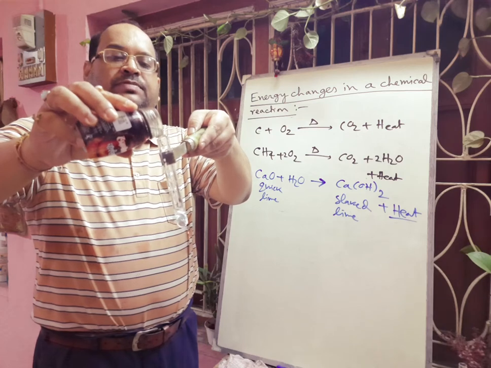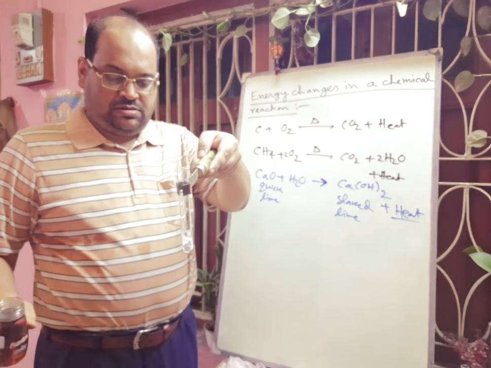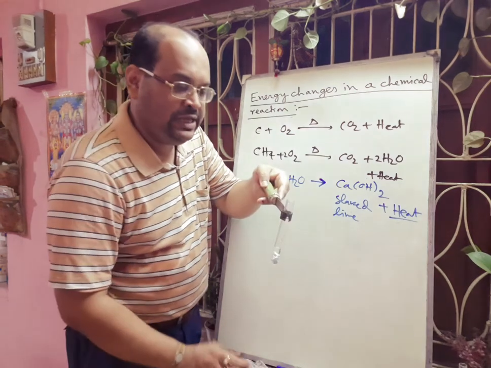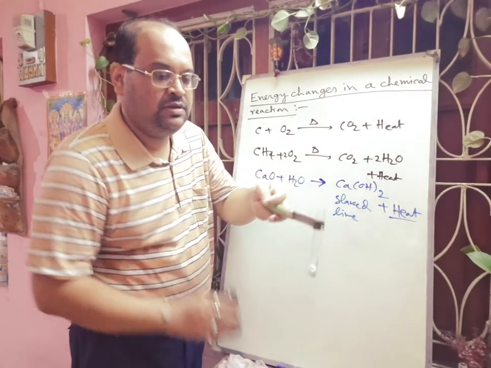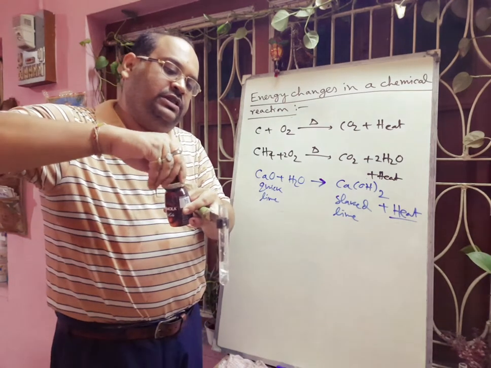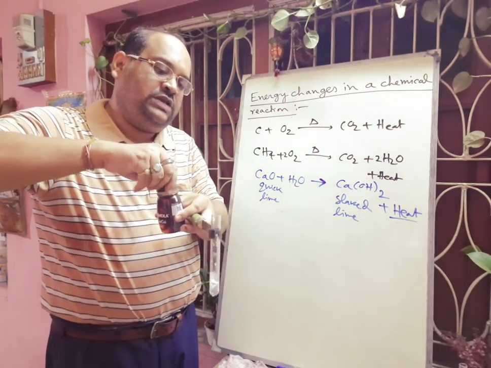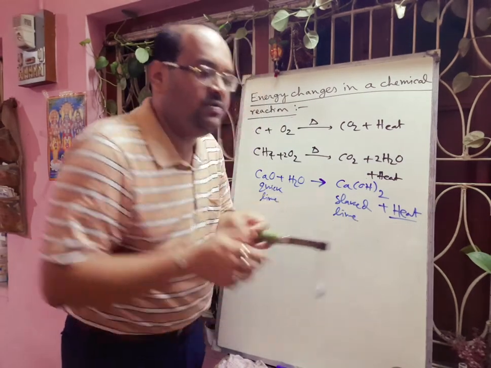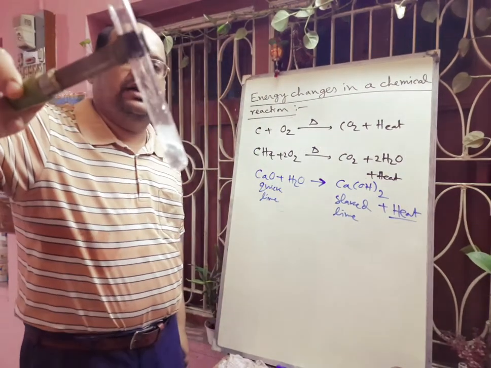Now you watch what is happening. So the reaction started. Zinc is reacting with this dilute sulfuric acid, and there is formation of hydrogen gas. You see, hydrogen gas is forming.